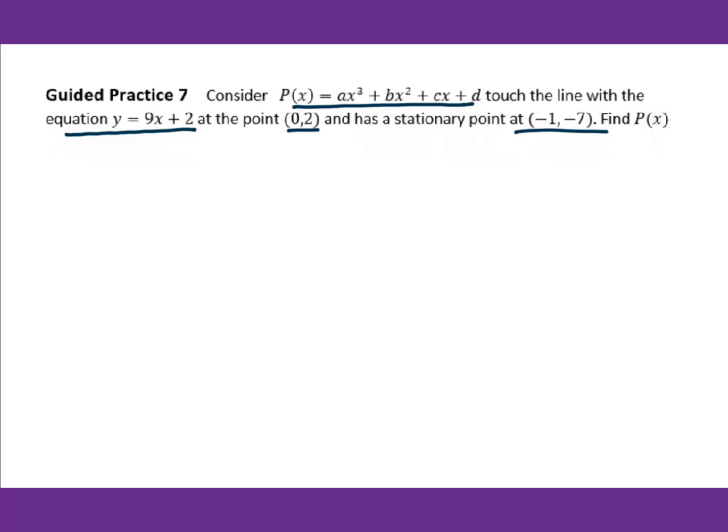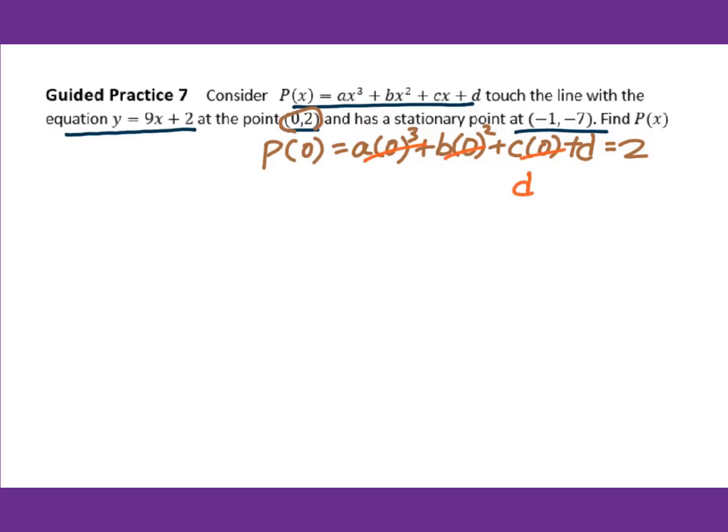Whenever you see a point, that means we need to plug in. So p of 0 equals a times 0 to the third power plus b times 0 squared plus c times 0 plus d, which equals 2. This is 0, so we get d equals 2.